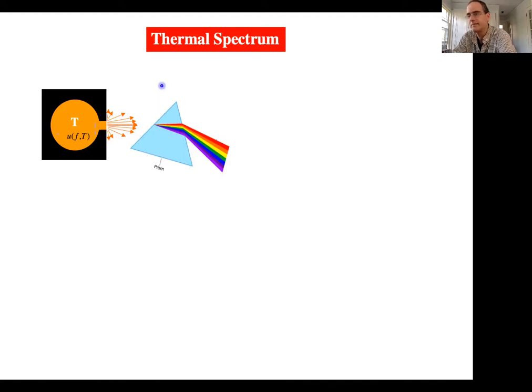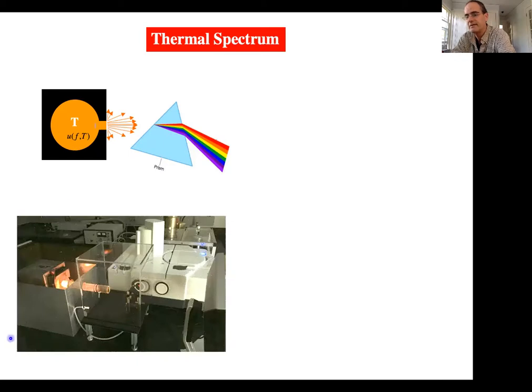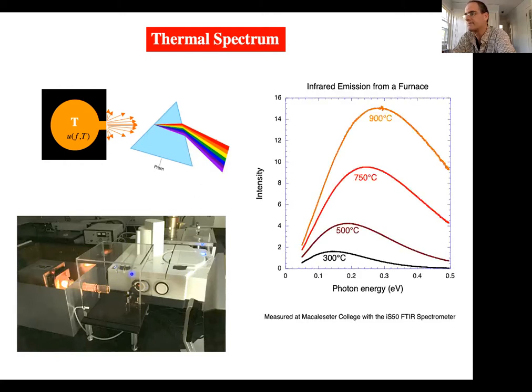Here, I'll illustrate that. This is an experiment that we can set up in our labs. This is at Macalester College in room 146. Here's a furnace. Then light radiation is exiting this hole in the furnace, and some of it is being coupled into an infrared spectrometer. And then we can measure the intensity as a function of frequency with a spectrometer.